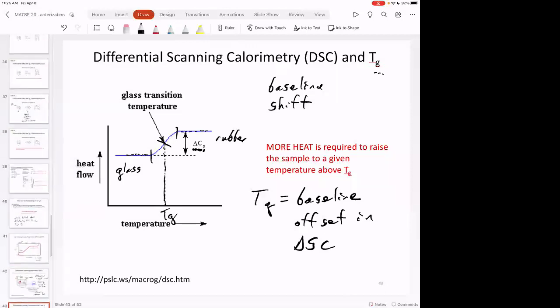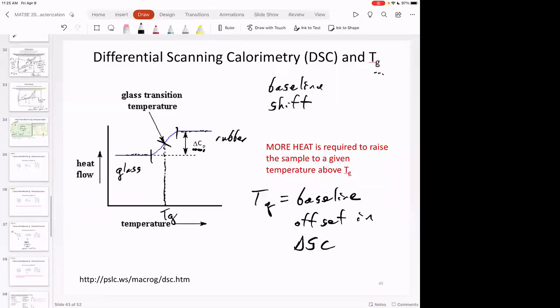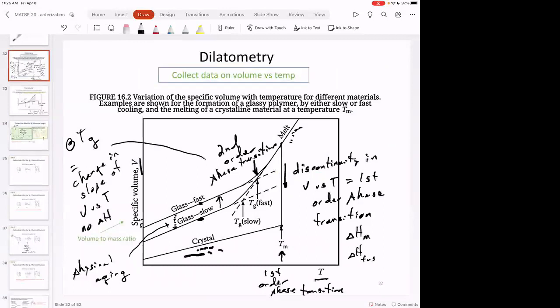So if we look back here, the glass versus the melt have different slopes in specific volume versus temperature. They've got different CTEs, right? The melt or the rubbery part of the polymer above TG has a different slope than the glass or the glassy part of the amorphous polymer below TG.